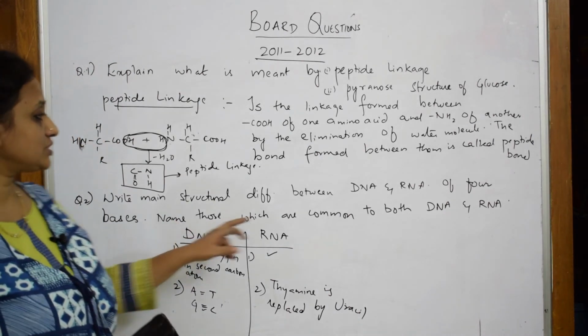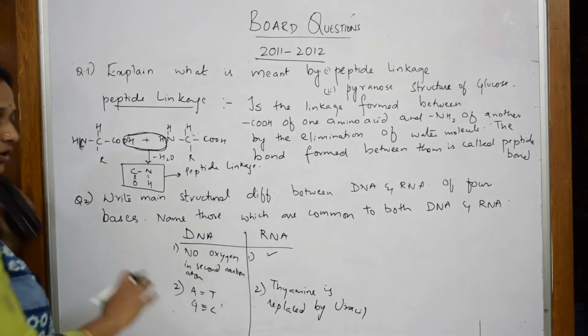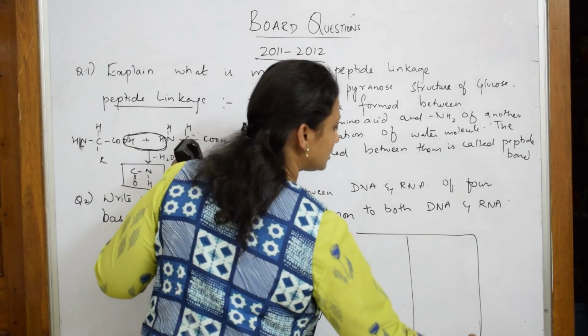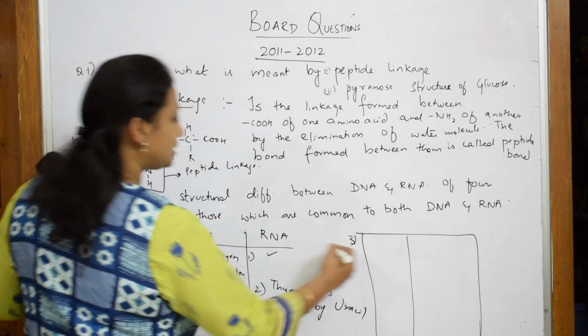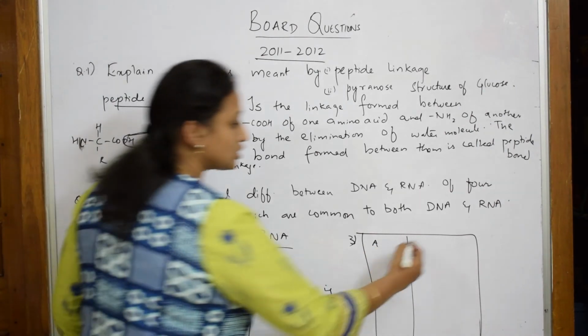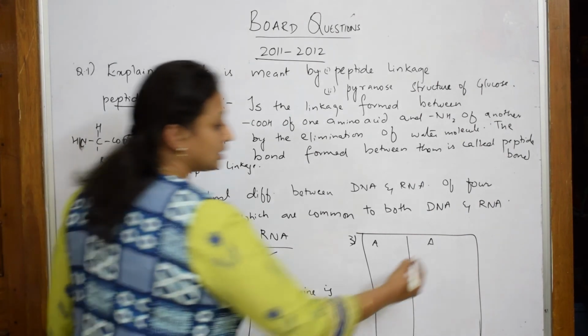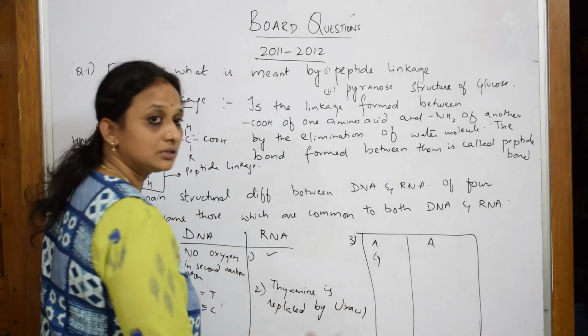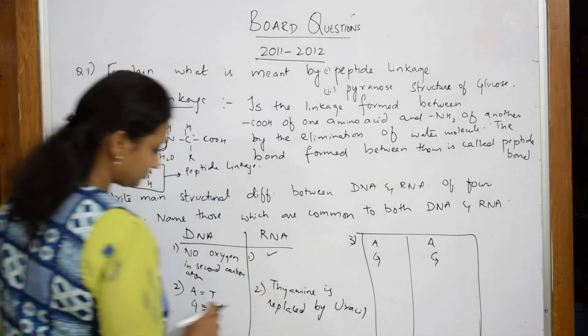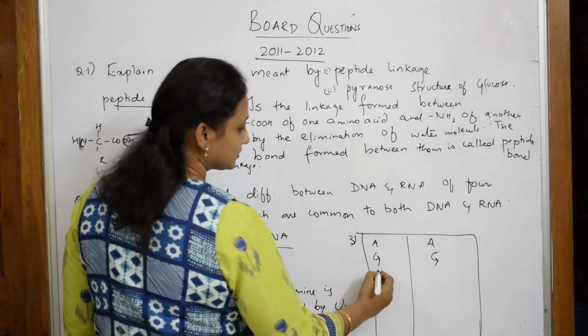Now what do they ask? Name those which are common to both. So what is common to both? You can write it as a third point: common are adenine, here also you have adenine; guanine, here also you have guanine; cytosine, correct?